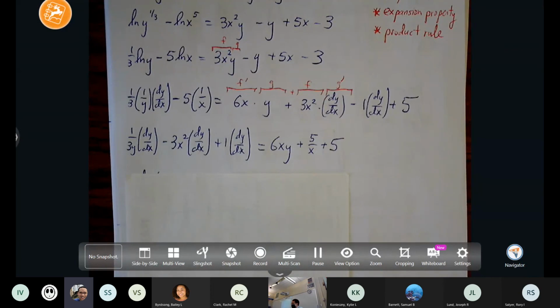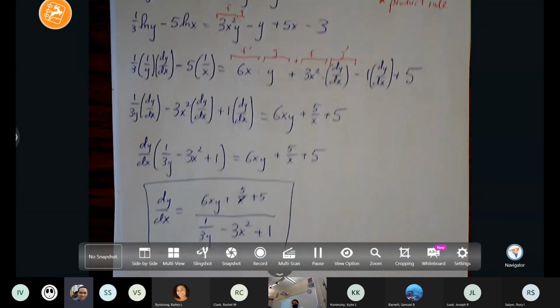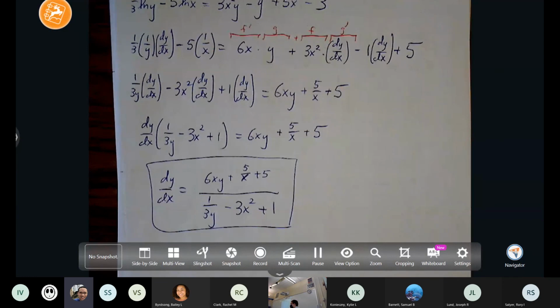Okay, factor dy dx out, divide the rest of it over. Any questions with 4?